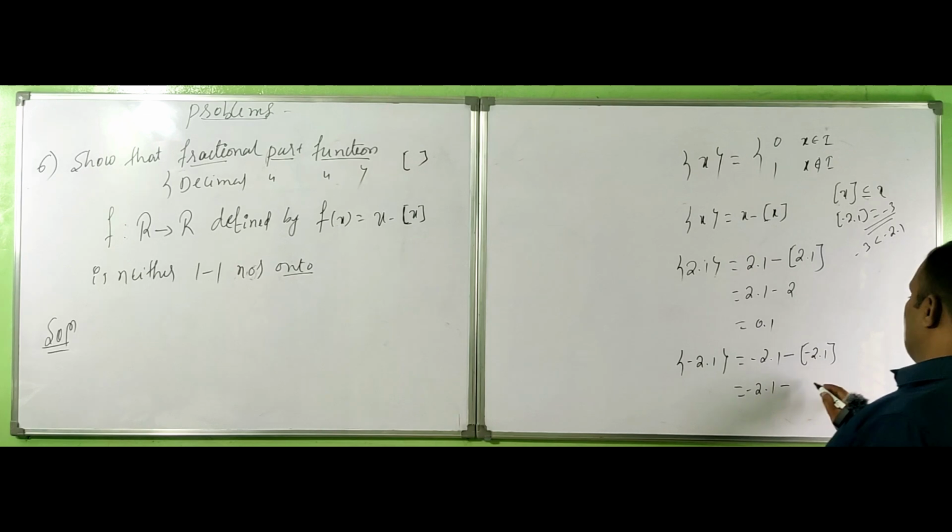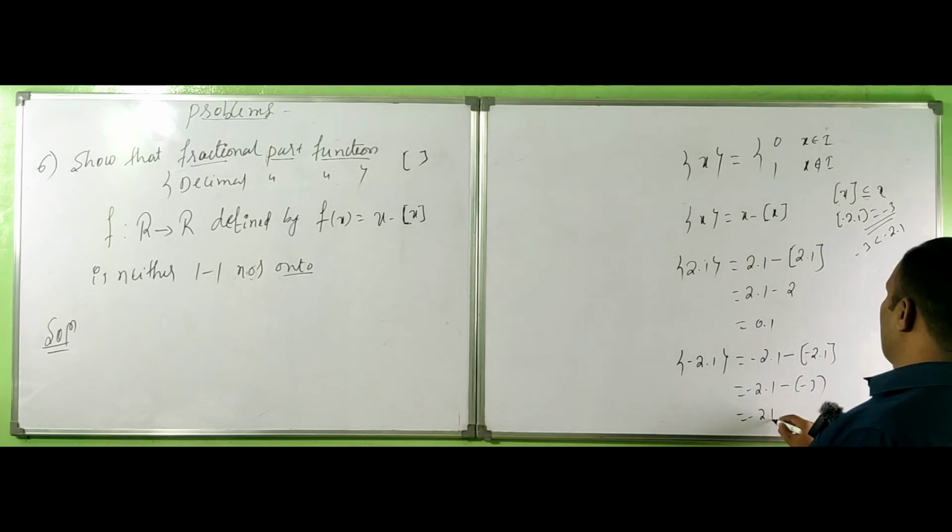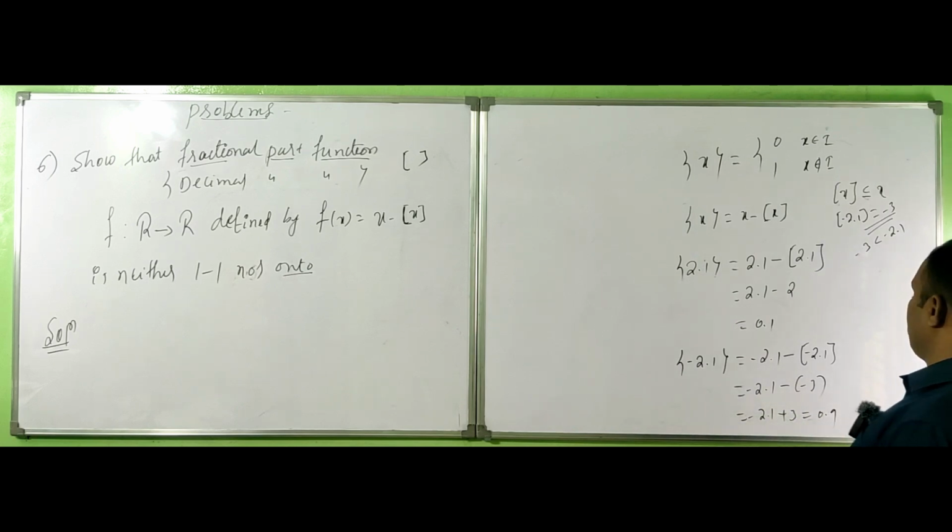This becomes minus 2.1 plus 3, which is 0.9.